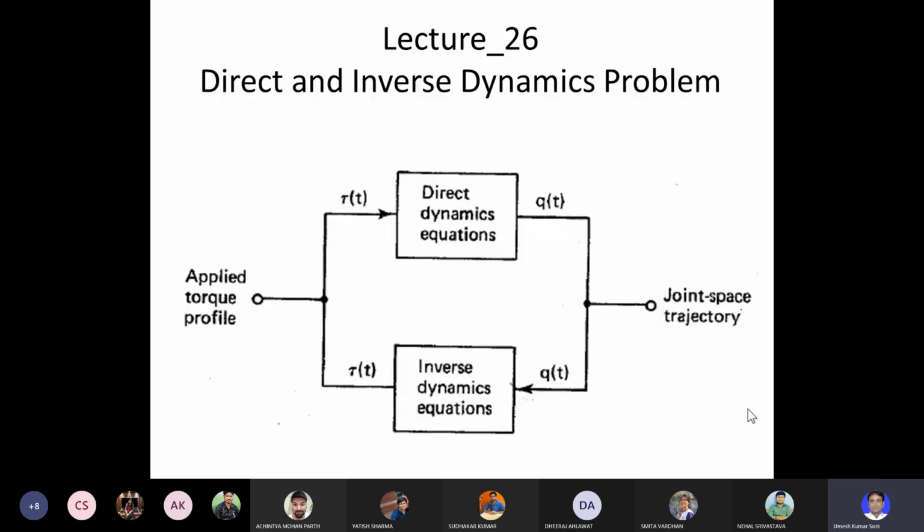So when you have the certain joint space trajectory, the variation of theta 1, theta 2 with respect to time, then you take the differential and the double differential, that is joint velocity and joint acceleration, and based on the fixed values of m1, m2, m3, a1, a2 and d1, d2, you can determine the torque by the equation.